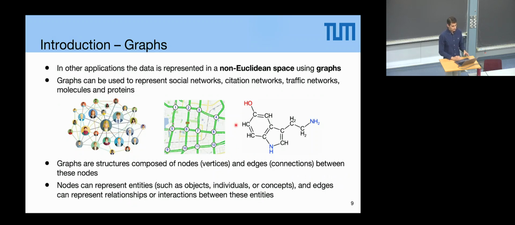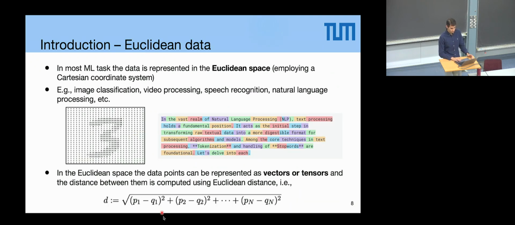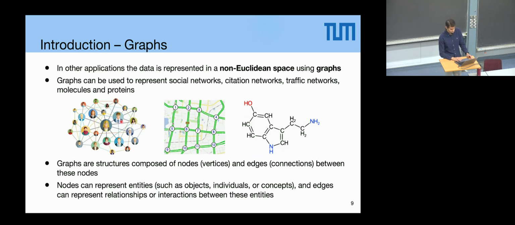But we may have data that is not given in the Euclidean space, and is instead given in the form of a graph. For instance, in a citation network or in a social network, we can have multiple people that have different kinds of connections between them. In this case, we cannot say that the distance between person A and person B can be computed according to this distance, for instance.